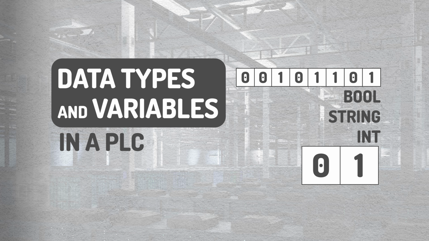Choosing the correct data type in a PLC is not just a matter of order. It is essential to optimize memory usage, speed up processing, prevent errors, keep the code clear, and ensure that the entire system communicates consistently. They are important because they help save memory and improve speed, since each data type occupies a specific size in the PLC memory, and using the right one avoids wasting space and accelerates processing.